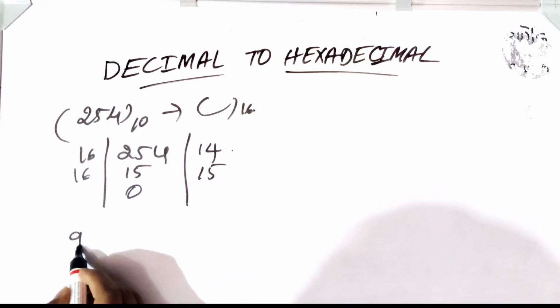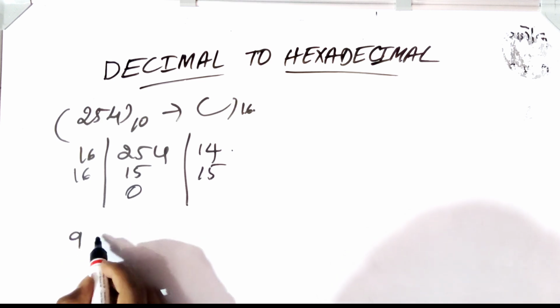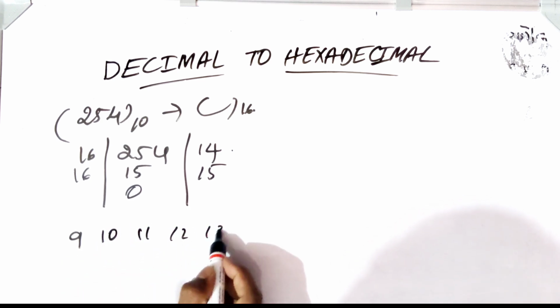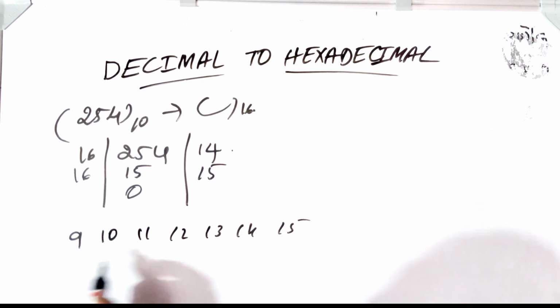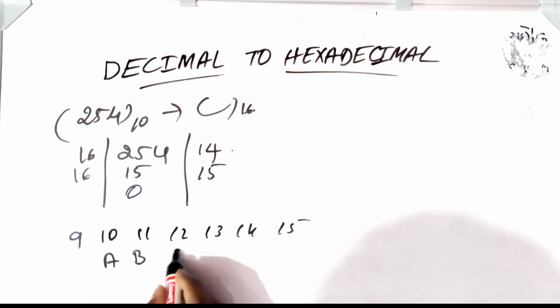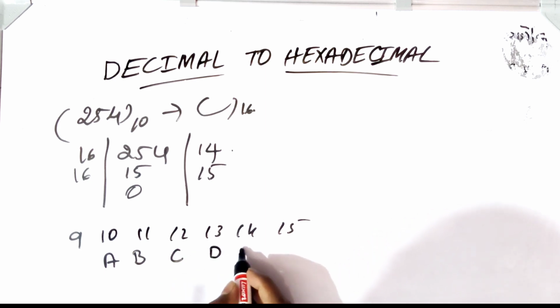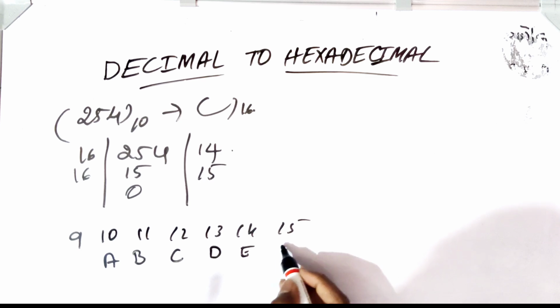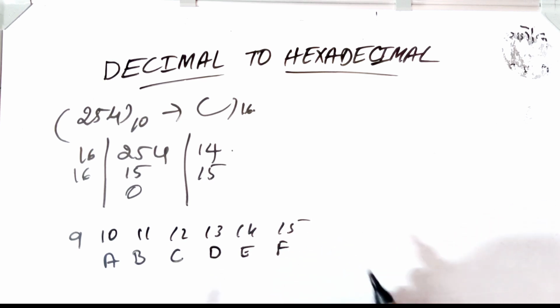After 9, which is represented as 9, come 10, 11, 12, 13, 14, 15. 10 is represented as A, 11 is represented as B, 12 C, 13 D, 14 E, 15 F.